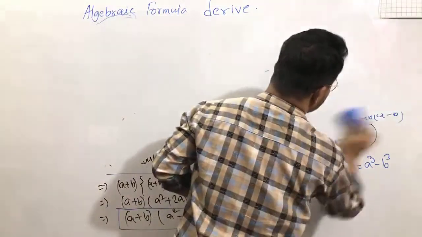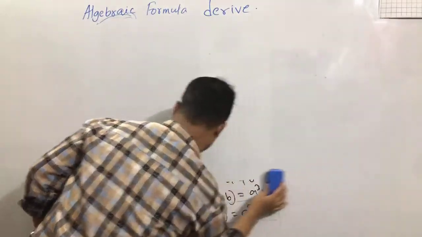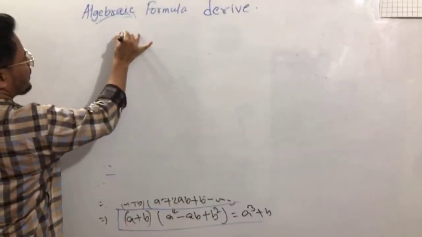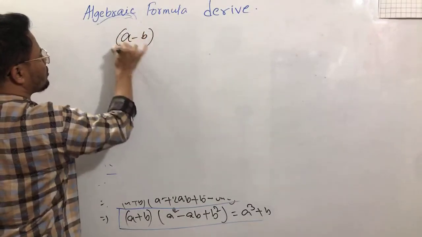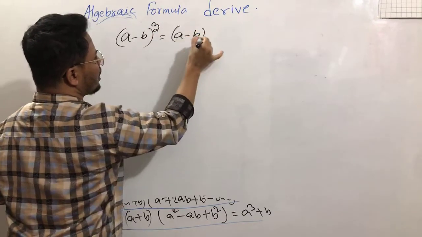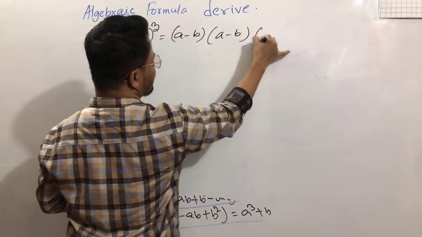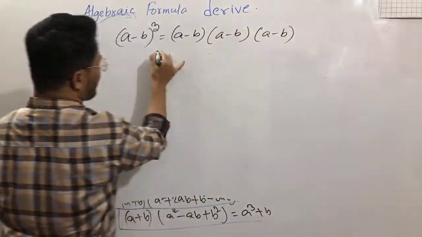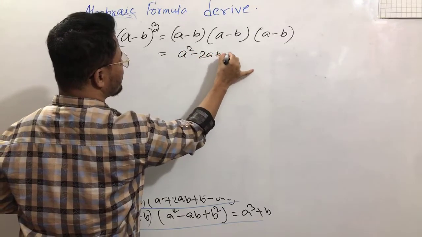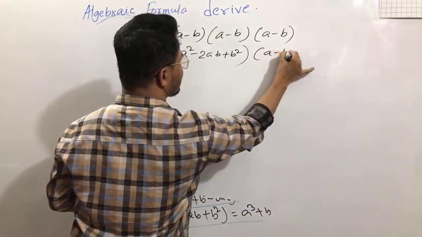Geometrical interpretations of algebraic formulas. Like this one, a minus b whole cube equals a minus b multiplied by a minus b multiplied by a minus b. This one is a square minus 2 times of ab plus b square, which will give these two factors, and this one is the same.